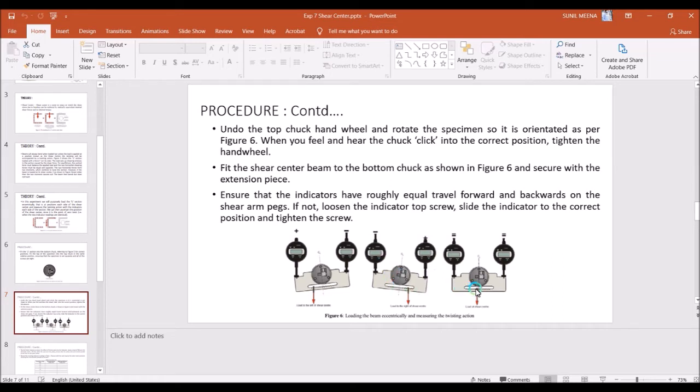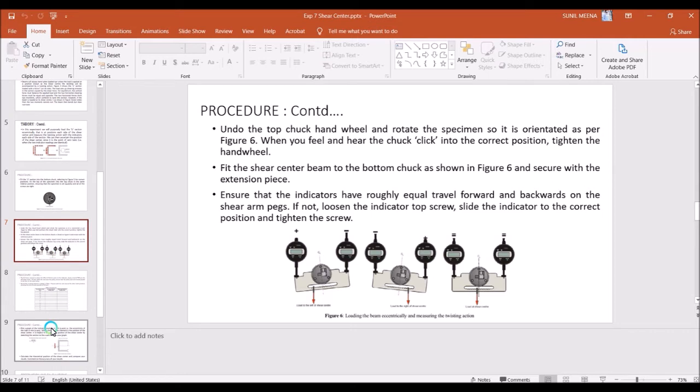But at one point when we apply the load, there will be the same deflection reading in both dial gauges. That point is our shear center. The distance from the channel section's center to the load position is called the shear center distance.